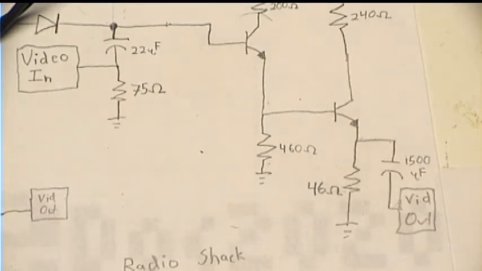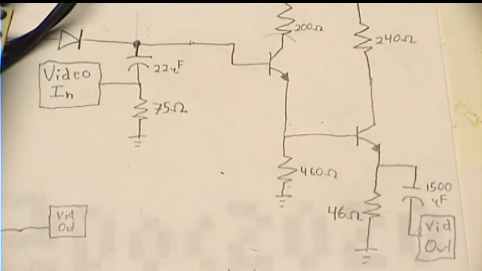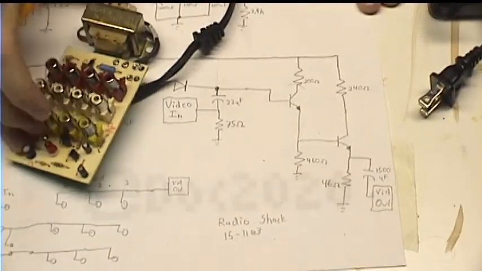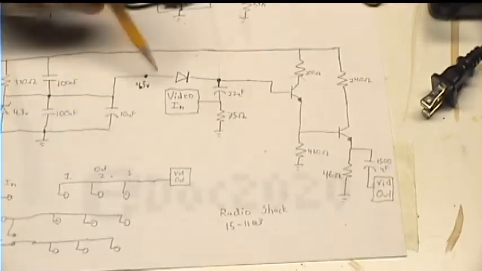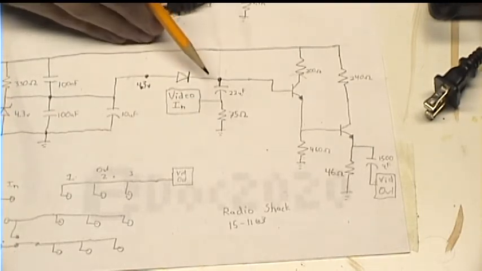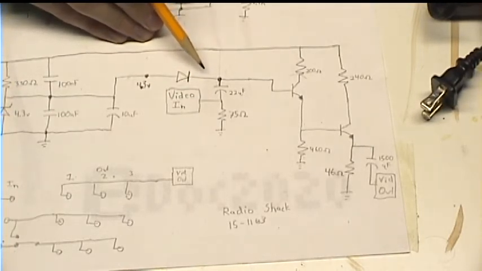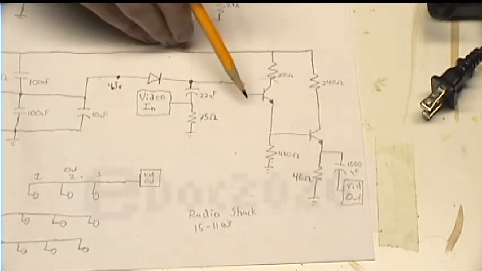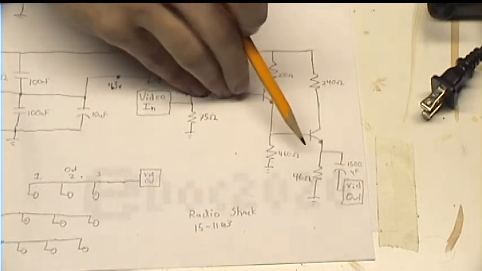And then that's the entire circuit. Video goes in, it gets raised, so its lowest point is 3.7 volts. Then it gets buffered by these emitter followers.